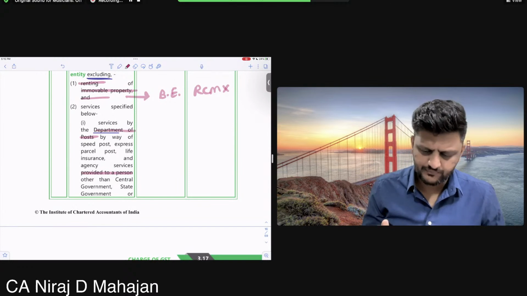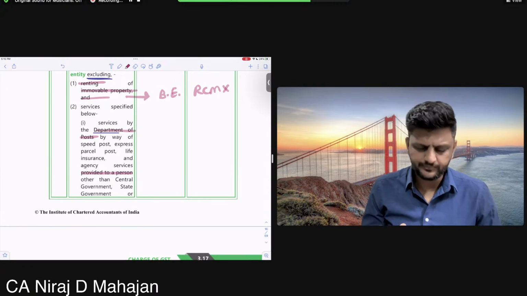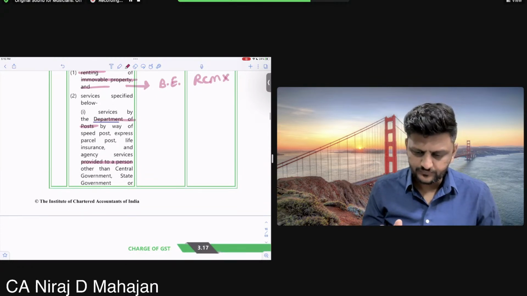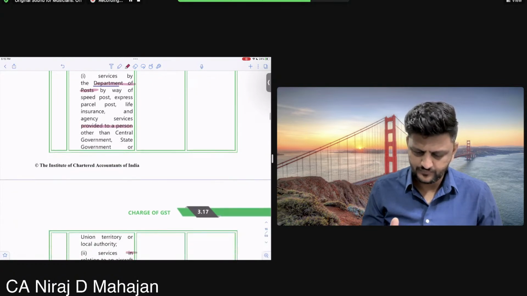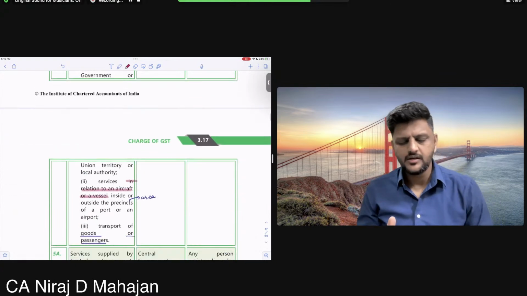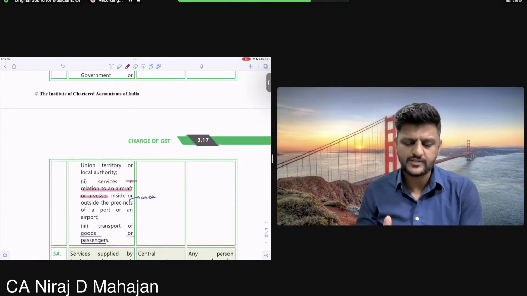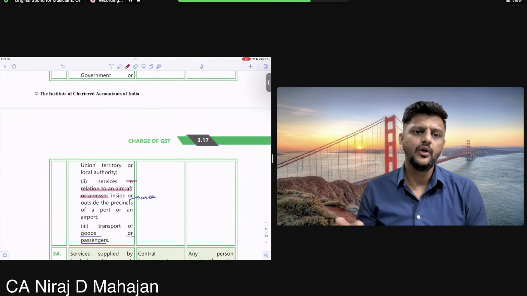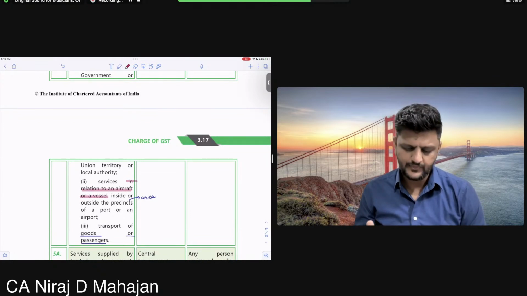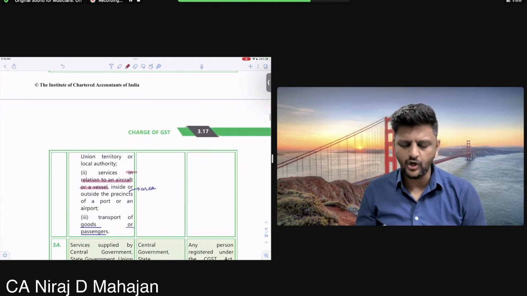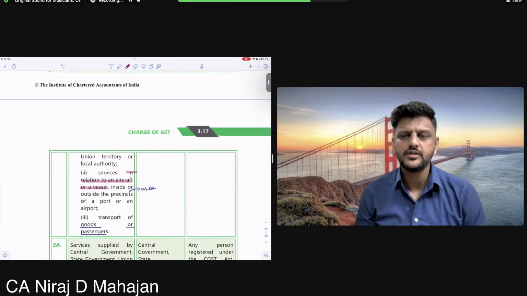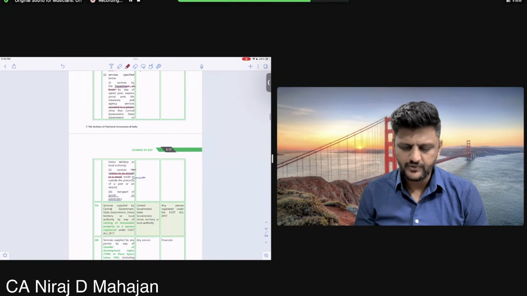All these services, no RCM. And service in relation to an aircraft or a vessel near the area of the port or the airport, no RCM. And transport of goods or passengers, again bachcho on this, no RCM. All right, we'll see some examples.